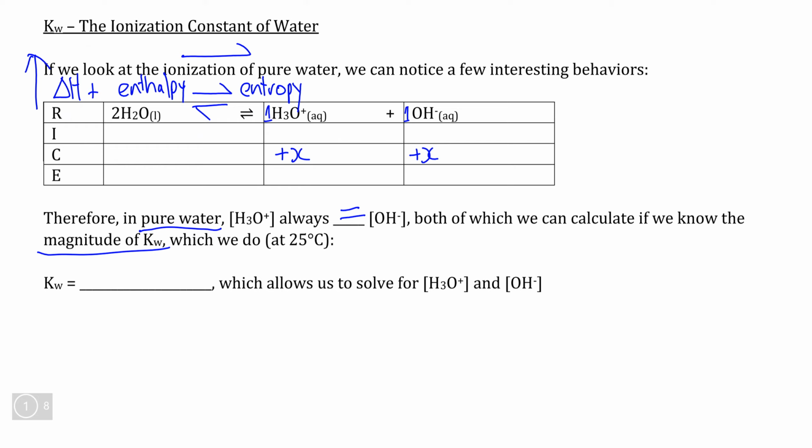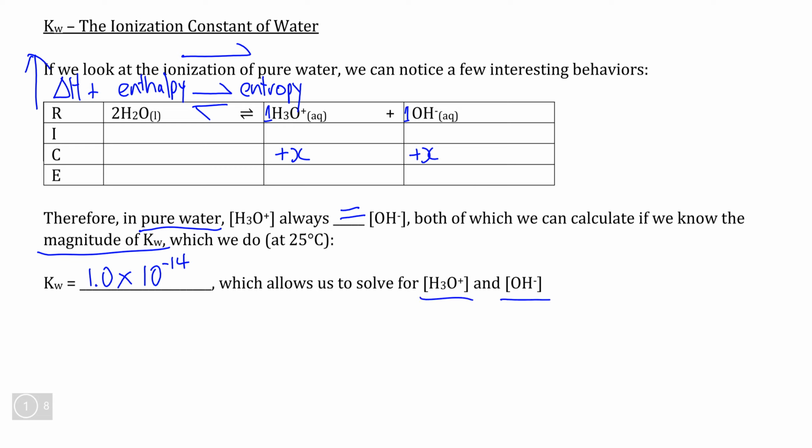At 25 degrees Celsius, which is the standard atmospheric temperature, our Kw value has the approximate value of 1.0 times 10 to the negative 14, and this is not accidental.